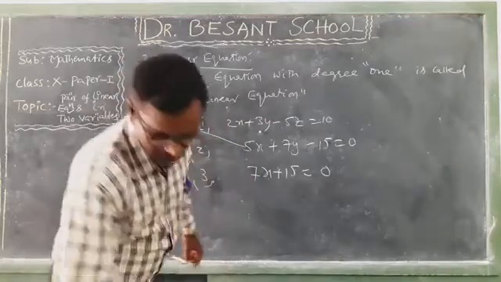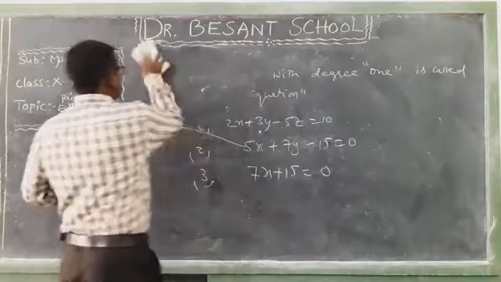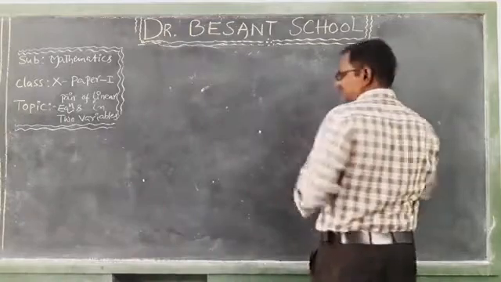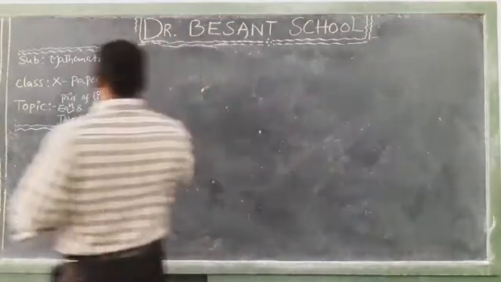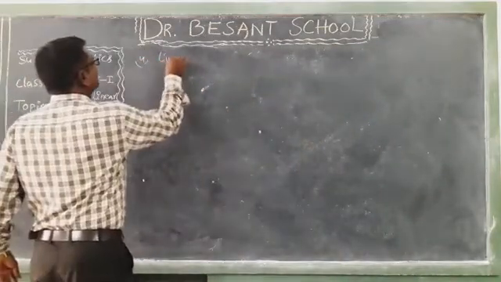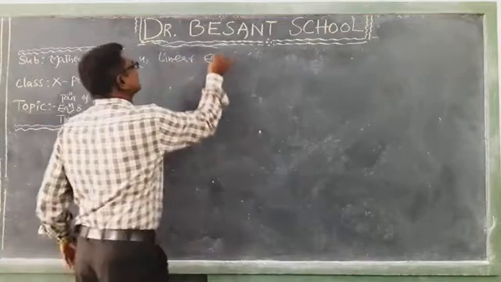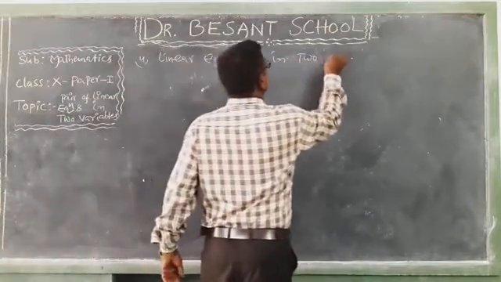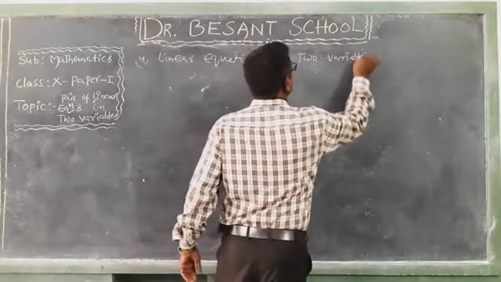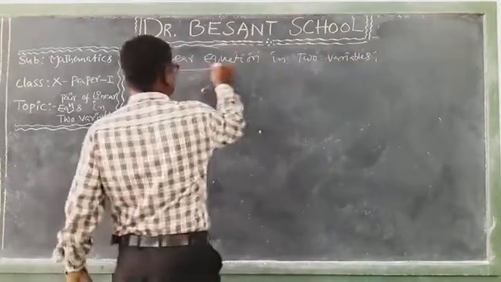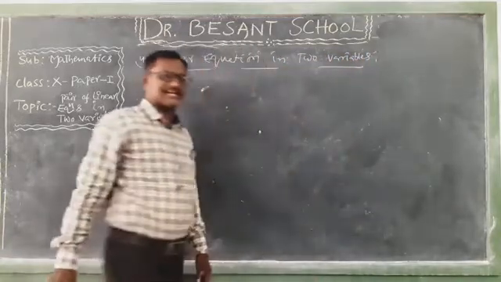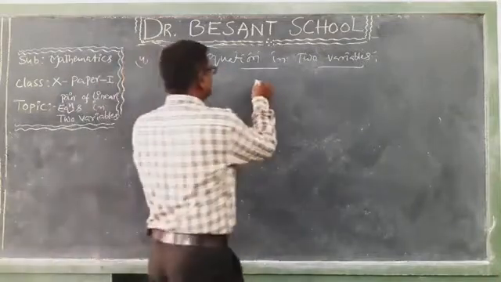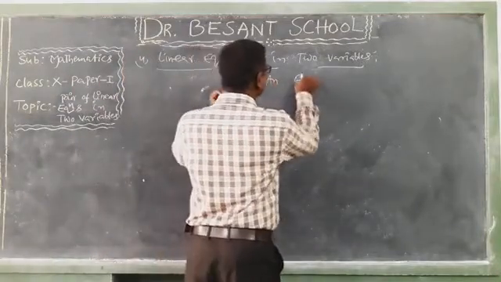Okay, children? Now observe. This is my fourth definition: linear equation in 2 variables. An equation with degree 1 in 2 variables is called a linear equation in 2 variables.